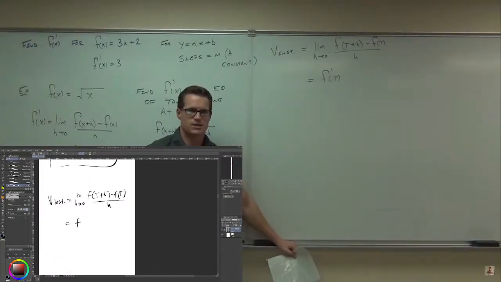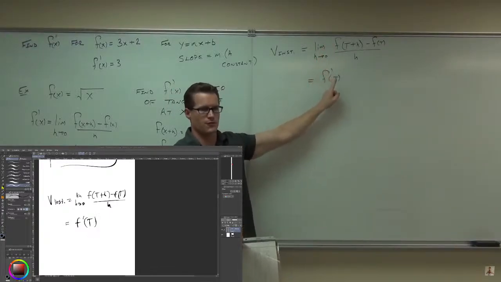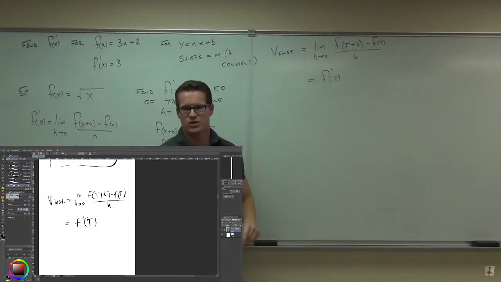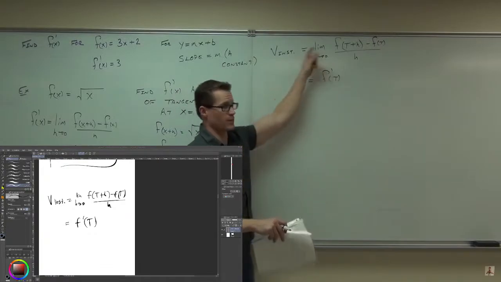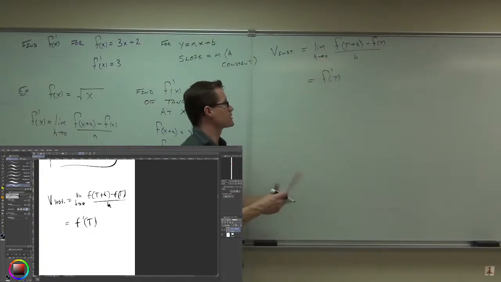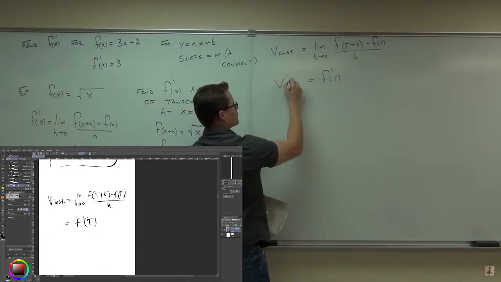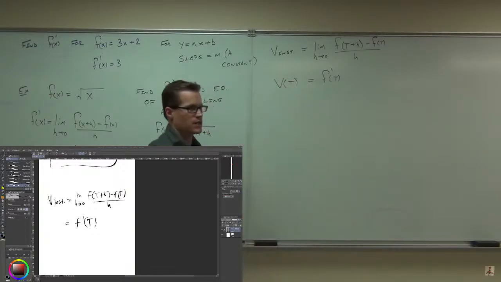What that says to us is that if this gives you instantaneous velocity, and this is simply the formula for the first derivative, velocity is simply the first derivative of a position function. We might have known that just from this, but now we can say it for real. So this is instantaneous velocity, which is denoted v of t.